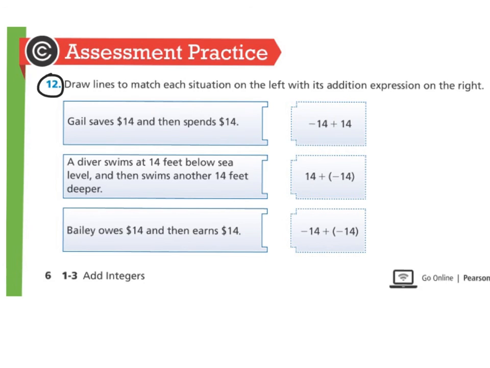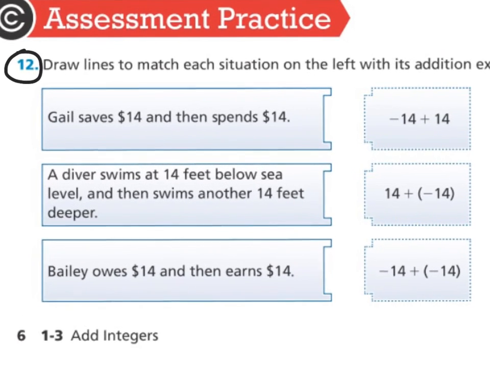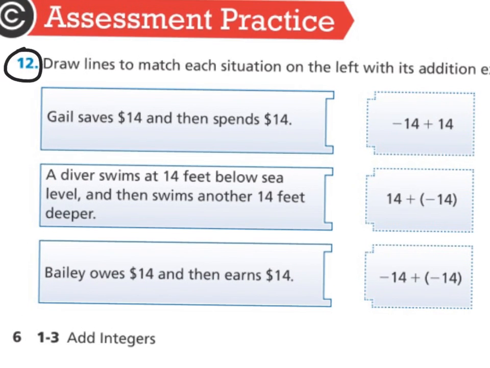Number 12, they want us to draw lines to match each situation on the left with its addition expression on the right. So the first thing we have, Gail saves $14, then spends $14. So if we look through these answer choices, that's going to match up with the second option, 14 plus negative 14.